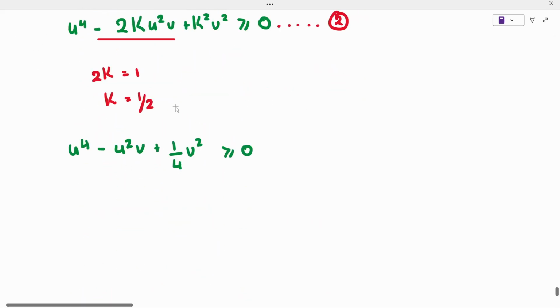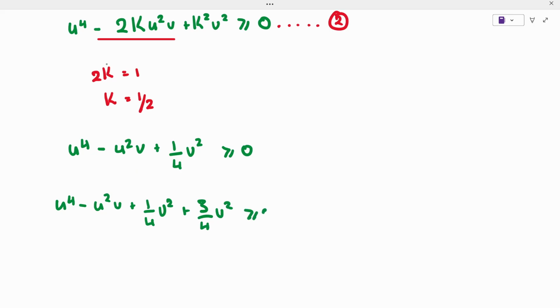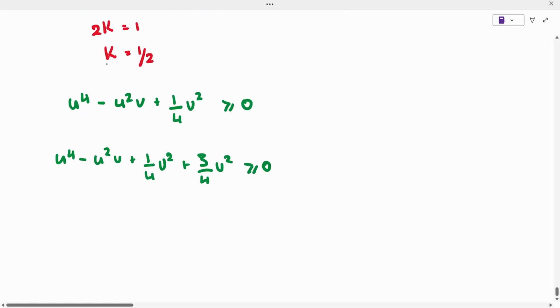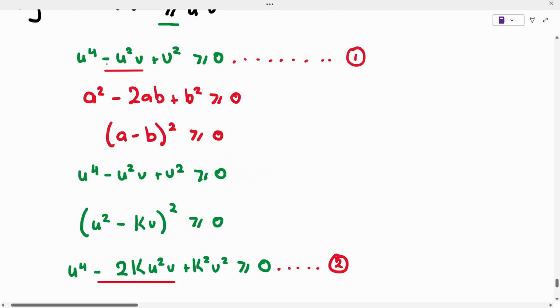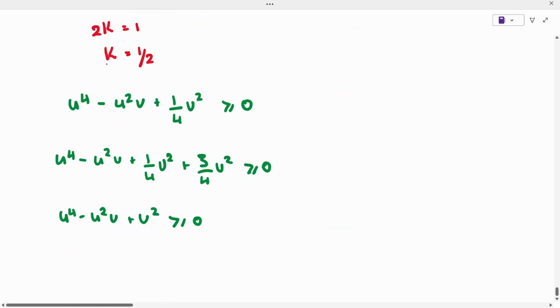You see, if we were to write instead u^4 minus u^2 v plus 1/4 v^2 plus 3/4 v^2, we have our original expression, u^4 minus u^2 v plus v^2. And we just showed that it was greater than or equal to 0, right?